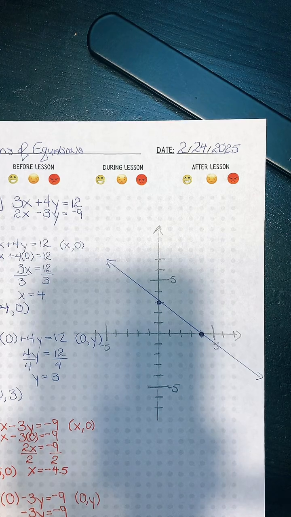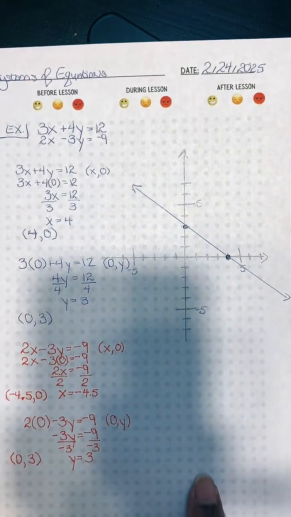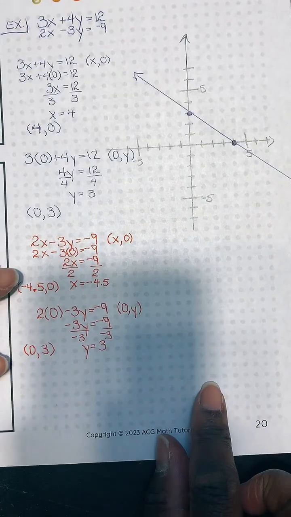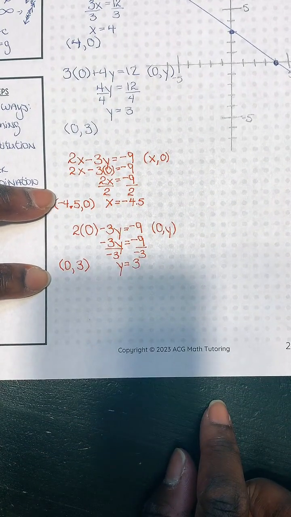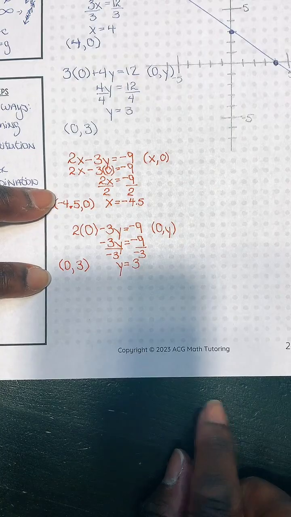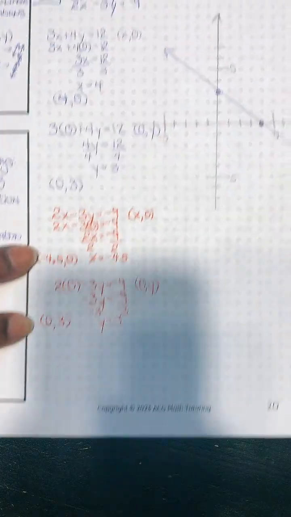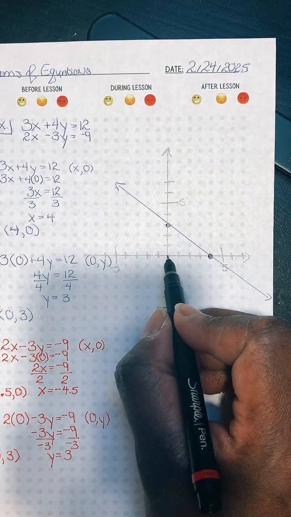Now for the second equation, I'm going to raise it up a little bit, or a lot. Okay, we had negative 4.5, comma 0, and negative 3, comma 0. So for negative 4.5, I'm starting at the origin.